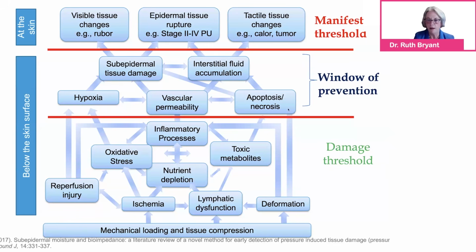We want to move there before we get to the damage threshold, and that's where the toxic metabolites take over. We have lymphatic dysfunction, nutrients are depleted, the inflammatory process increases and is amplified. So our goal is to move from assessment at the skin level to down below the skin level into the window of prevention.